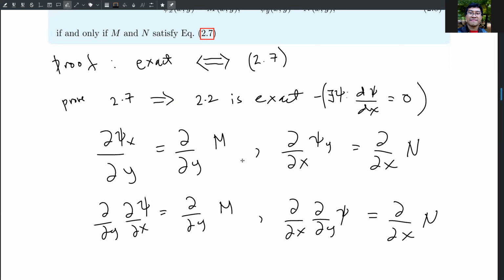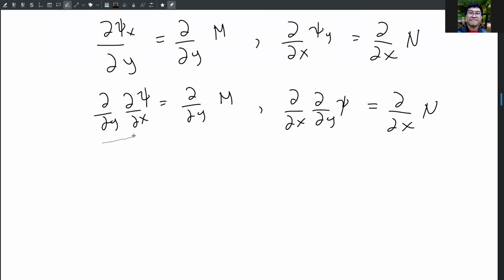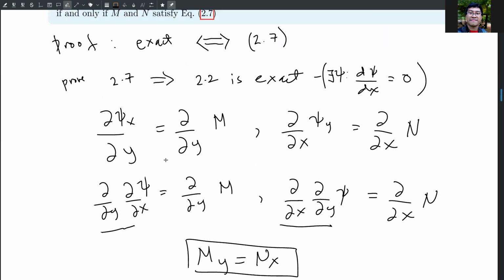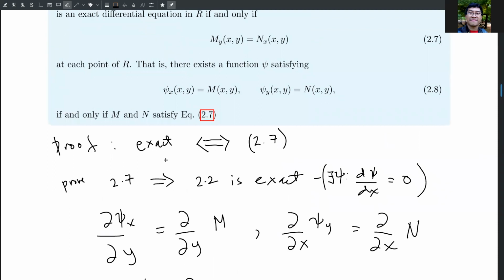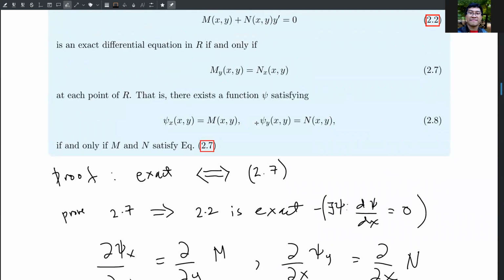Okay, now these two here are actually the same because the partial derivatives commute. So m_y is equal to n_x. Okay, so actually I think I've used a different direction here.